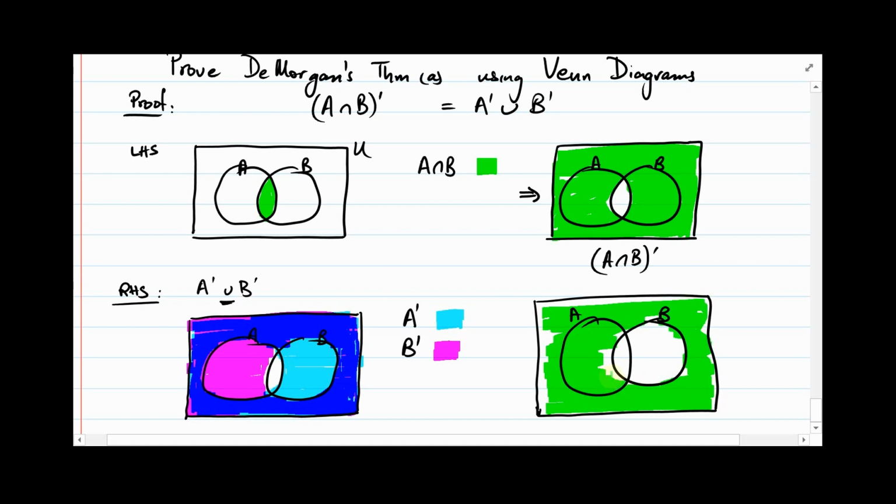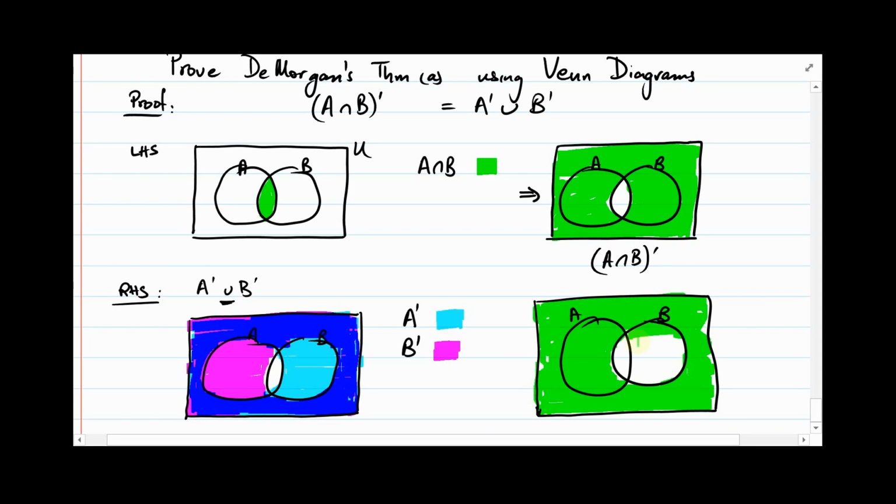So when we're asked to prove something using a Venn diagram, you'll be taking the left side, looking at the solution, shading, and you'll be looking at the right side and equivalently shading. And the statement will be true if the two regions are exactly the same.